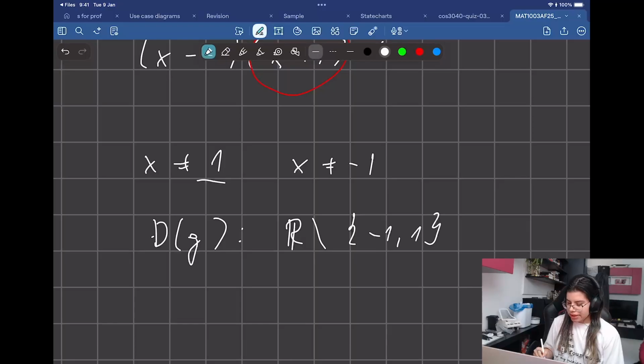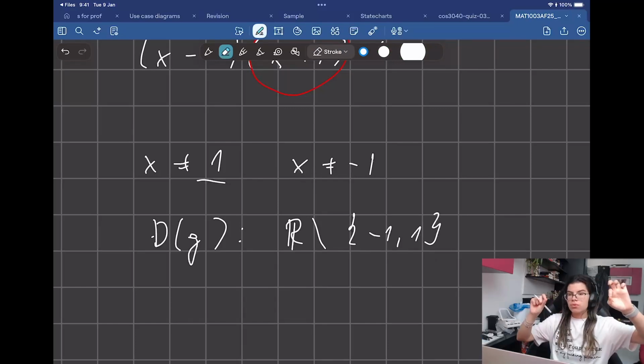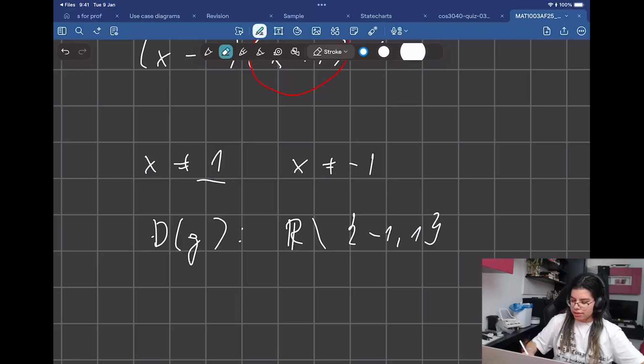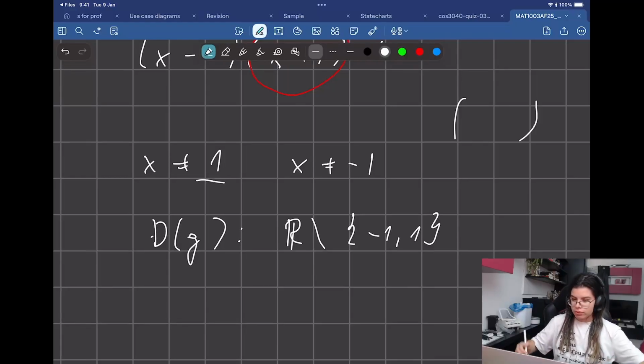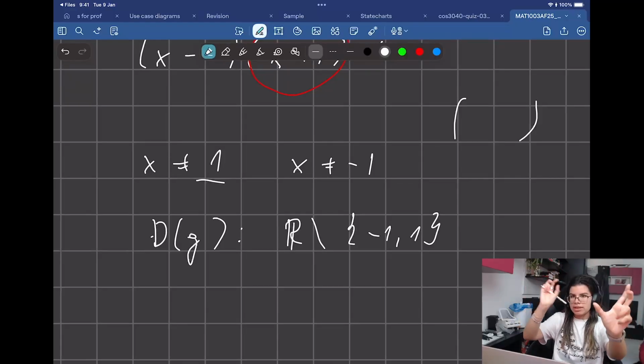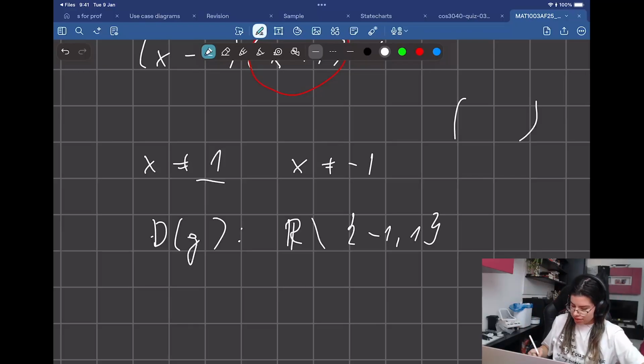Curly braces I write only when I want to mention two specific values, right? In this case, we're just excluding minus 1 and 1, but not the whole range between them, right? So the regular ones, they're called parentheses, we use when we have all values between the minimum and the maximum. In this case, these are not minimum and maximum.